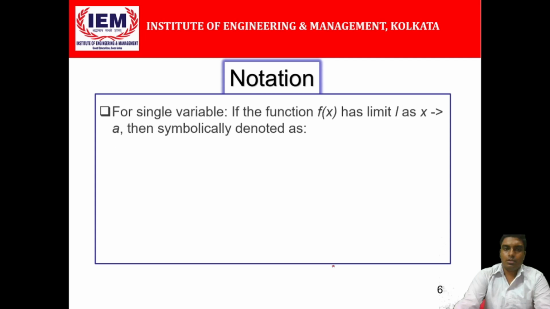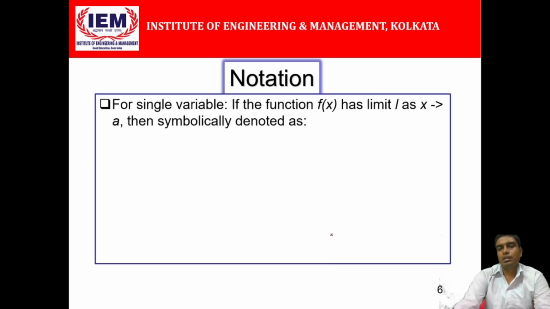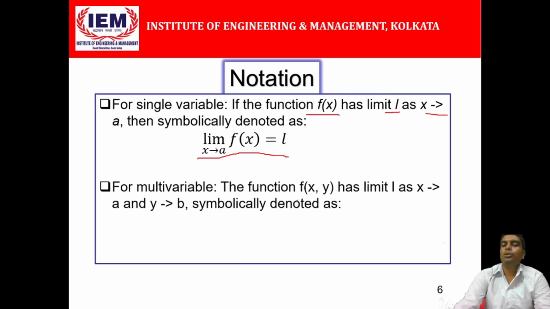Now, for the single variable, I know that if there is one function f(x) that has some limit L as x tends to a, then symbolically we denote this as the limit as x tends to a of f(x) equal to L. For the case of multivariable, we have two independent variables x and y, and suppose that the limit of this function is L if I approach x to a and y to b.